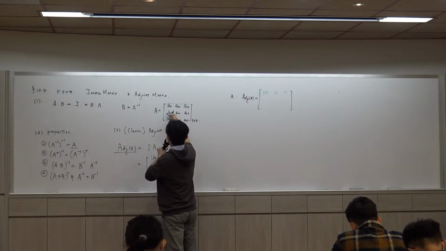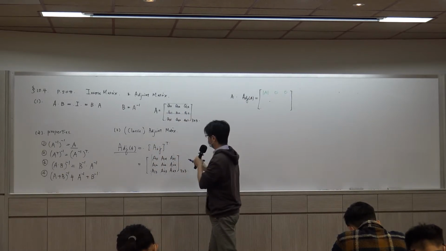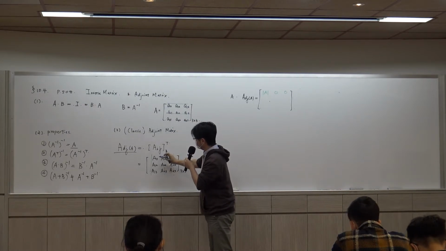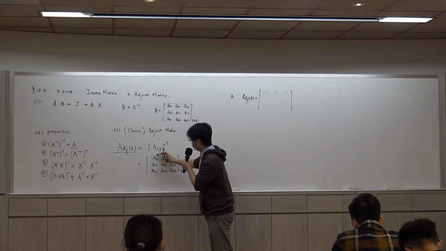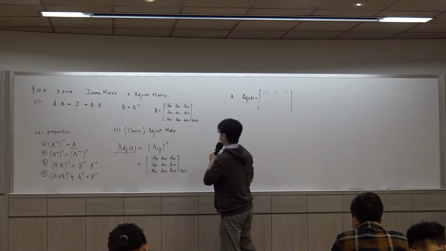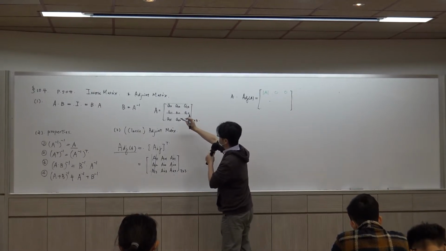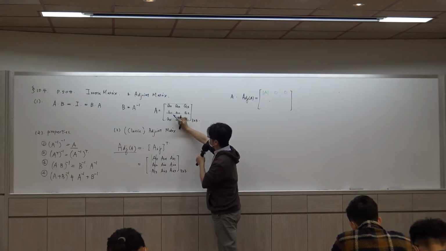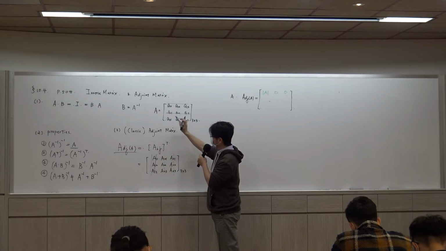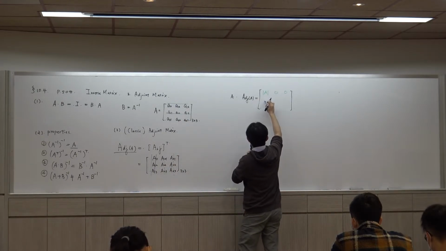Okay, let's look at the second row. The second row times the first column: because the elements are not matched with the cofactors, it equals 0.